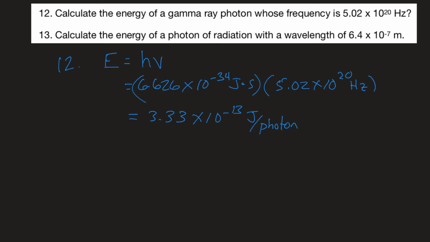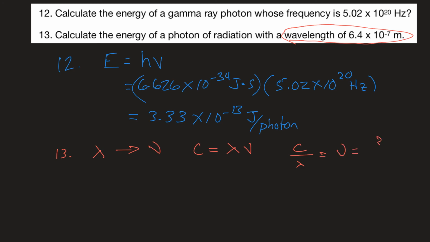Now, this next problem is a little more challenging because this time we're looking for energy still, but we're given the wavelength, not the frequency. So the first thing we have to do in problem 13 is convert the wavelength to frequency. Well, we know how to do that. The speed of light is equal to the wavelength times the frequency. So if I'm solving for frequency, then c over lambda is equal to frequency.